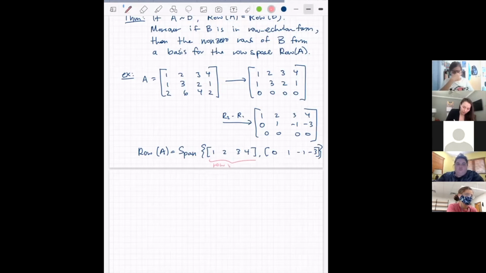But you don't have to if you really hate it. It's not that big a deal. So the basis for the row space of A is these 2 vectors.